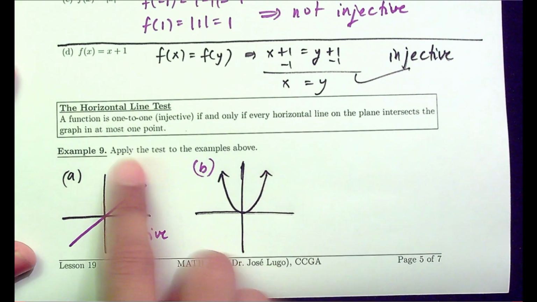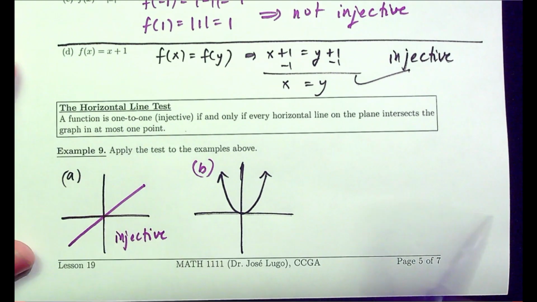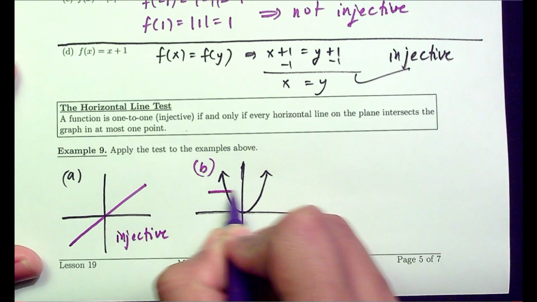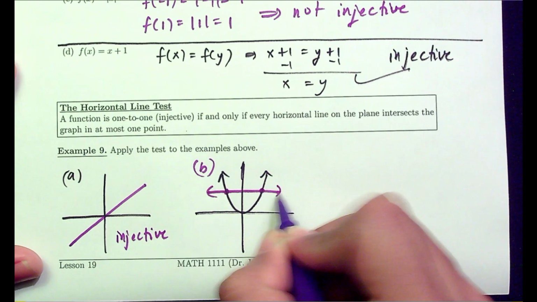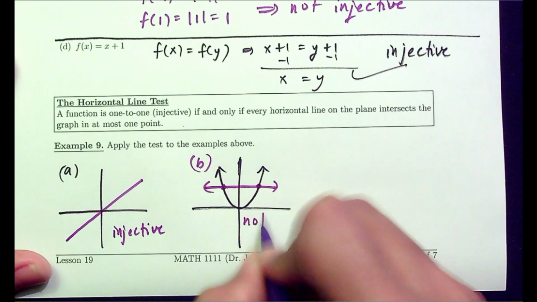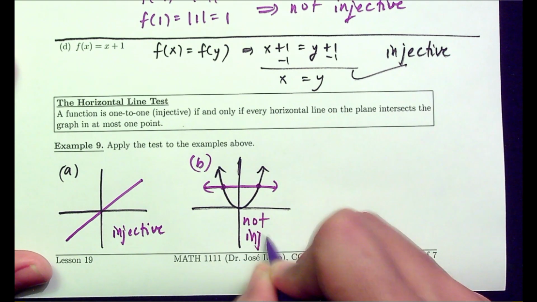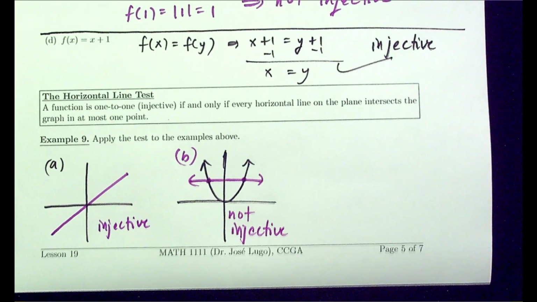If you apply the horizontal line test, then this fails miserably. There you have a horizontal line that crosses the graph at two different points. So this is not injective. It fails the horizontal line test. This is not injective.